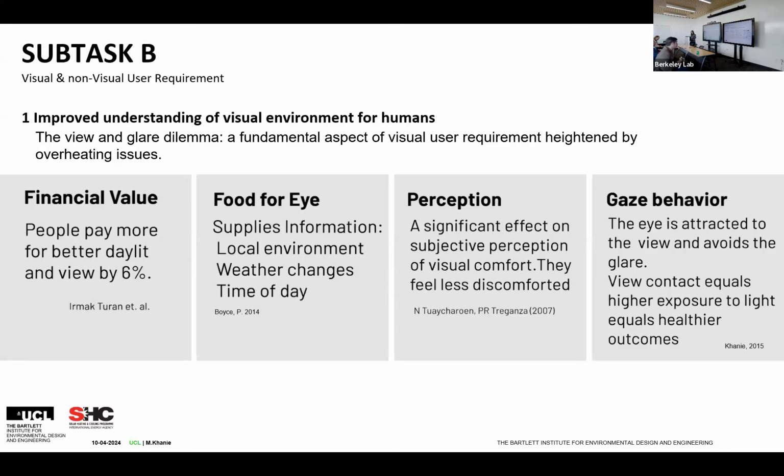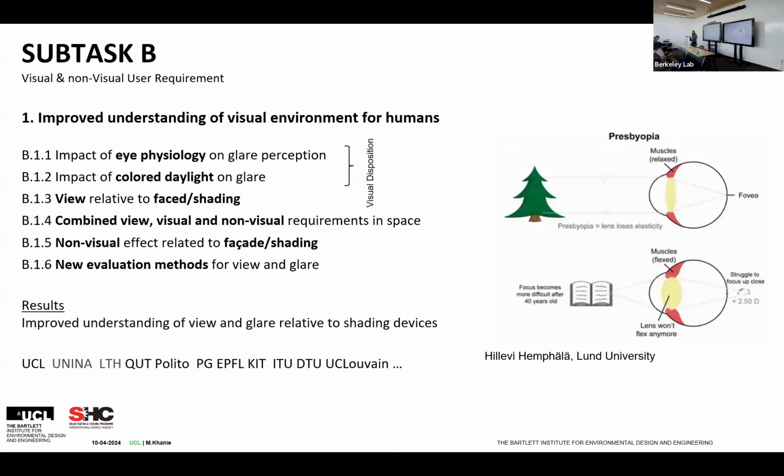It's food for our eyes. It could affect the comfort perception in general when we are thinking about the human in the center. It has effects on our gaze behavior, and of course, it also has financial values. That is a part that somewhat plays an important role.